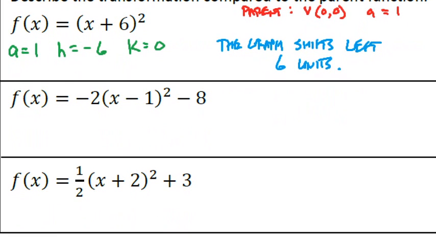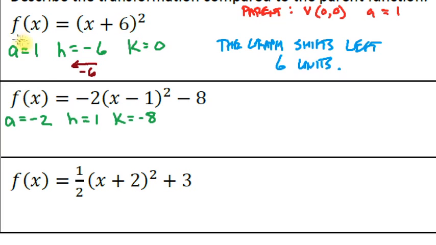F of x is equal to negative 2 times x minus 1 squared minus 8. We got an a value of negative 2. We got an h value of positive 1 and a k value of negative 8. We got a lot of things going on here. Okay, let's do this real quick up on the top one. Let's put on here that we know it's going to shift left. It's going negative 6 to the left.